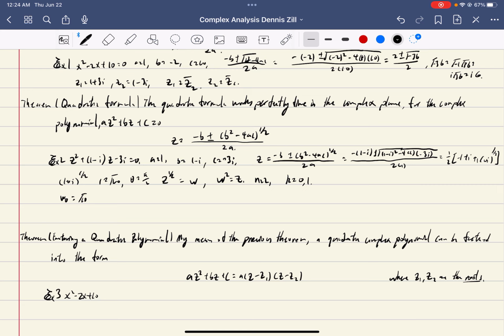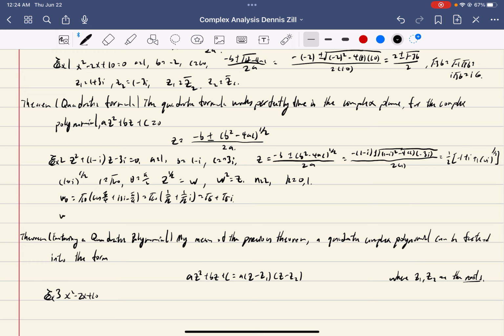Well, no, that's just the square root of r, right? And you multiply by cosine of pi over 4 plus i sine of pi over 4, and that is equal to the square root of 10 times 1/2 plus 1/2 i, right? That is equal to √5 plus √5 i, right?